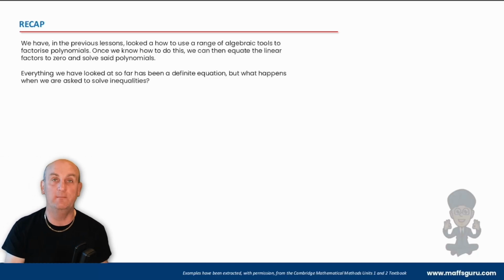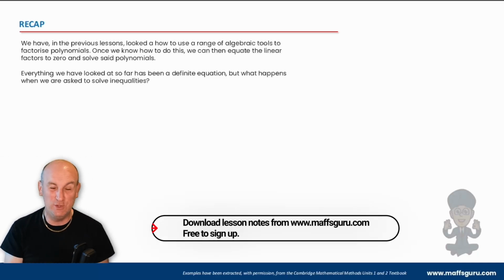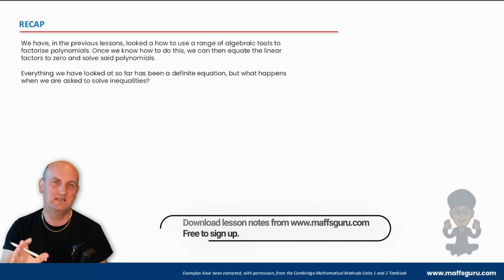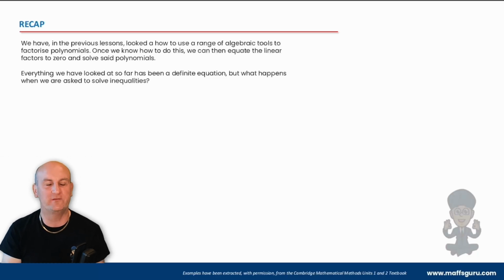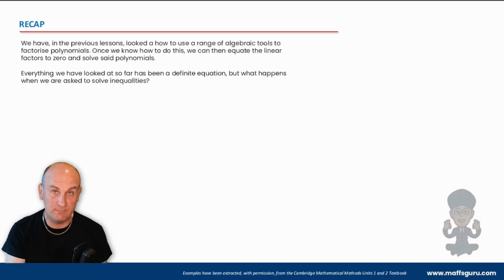Now, as I say behind me, we've dealt with so much by now of this particular course, and this is the Mathematical Methods Units 1 and 2 course. But basically, polynomials and solving for cubics are worldwide, so don't worry if you're not over here in Australia. Everything we've done is we've been able to factorize polynomials. We can find crossing points of polynomials.